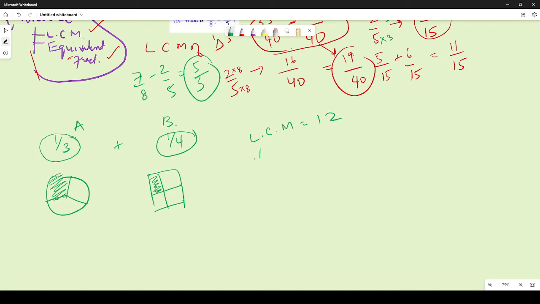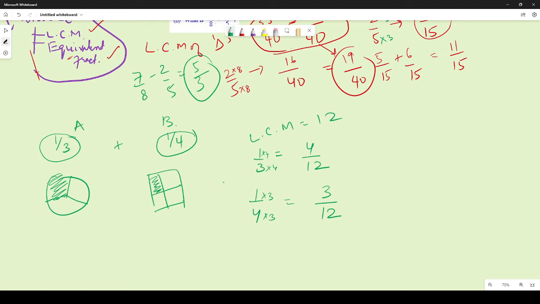Now let us convert this. How much is 1 by 3? 1 by 3, you will have to multiply it by 4 to convert it into 12. So this is 4 by 12. Now how much is 1 by 4? 1 by 4, if you are expressing in terms of 12, then you are multiplying it with 3. So this is 3 by 12.